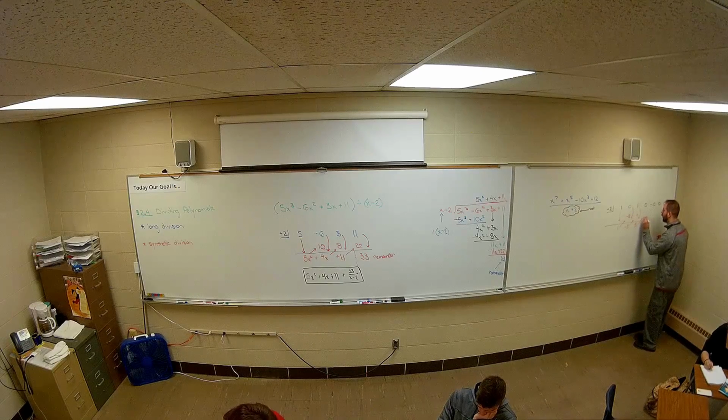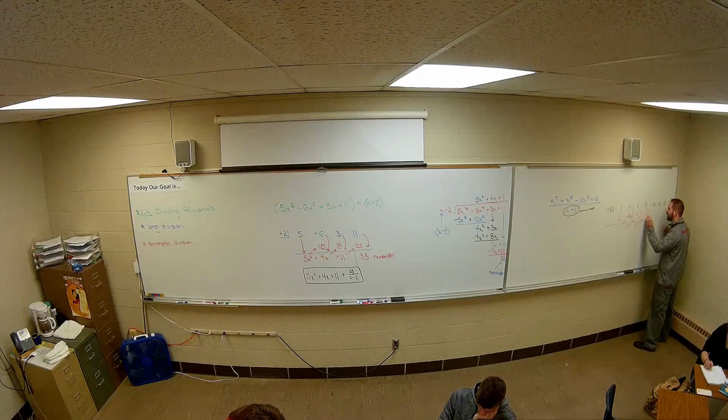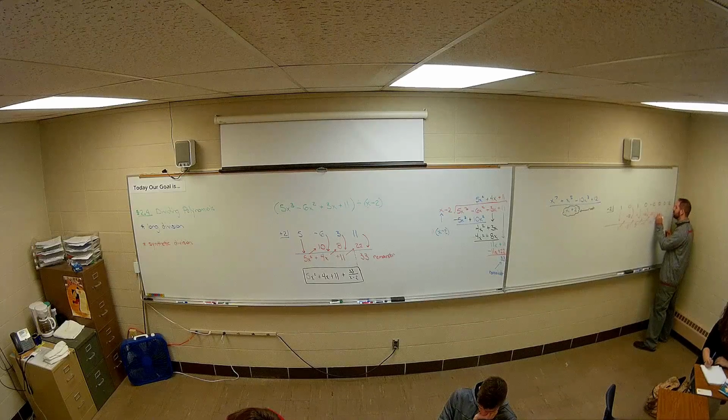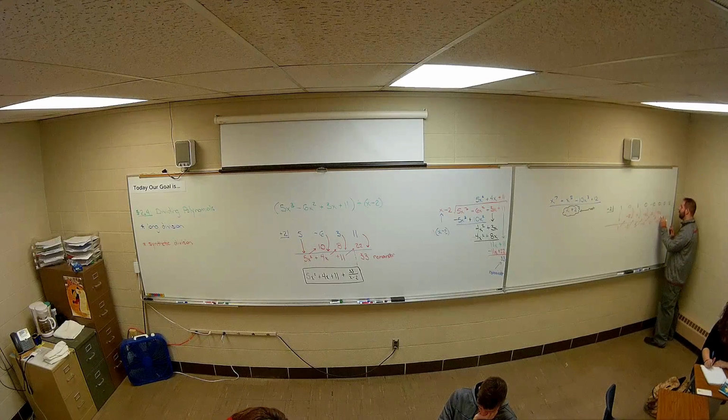Multiply by the number in the box. Add straight down. Multiply by the number in the box. Add straight down. Multiply and add straight down again, and this will be my remainder.